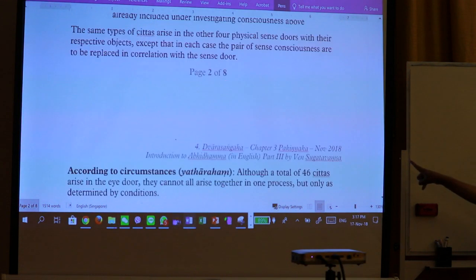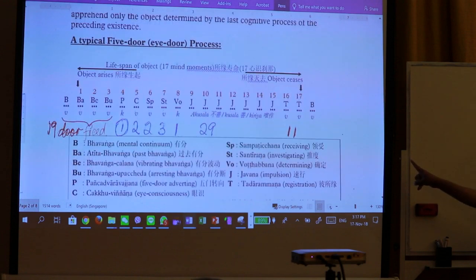Okay? But the 3 registration minds were already explained before, but we no need to count 2 times. Now the 3 types of registration mind we already explained before under this place.